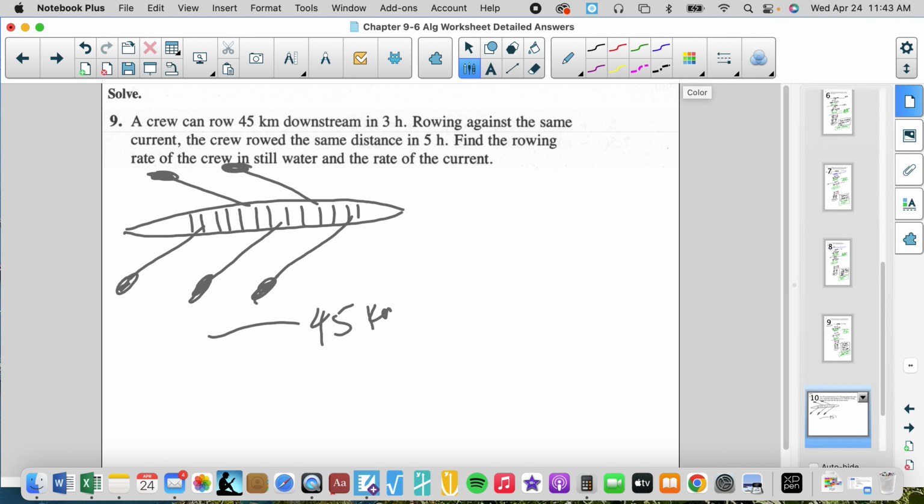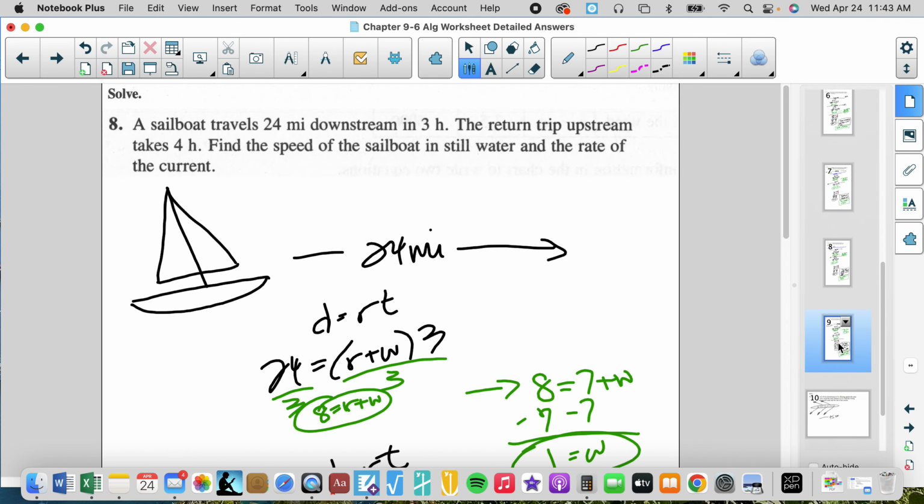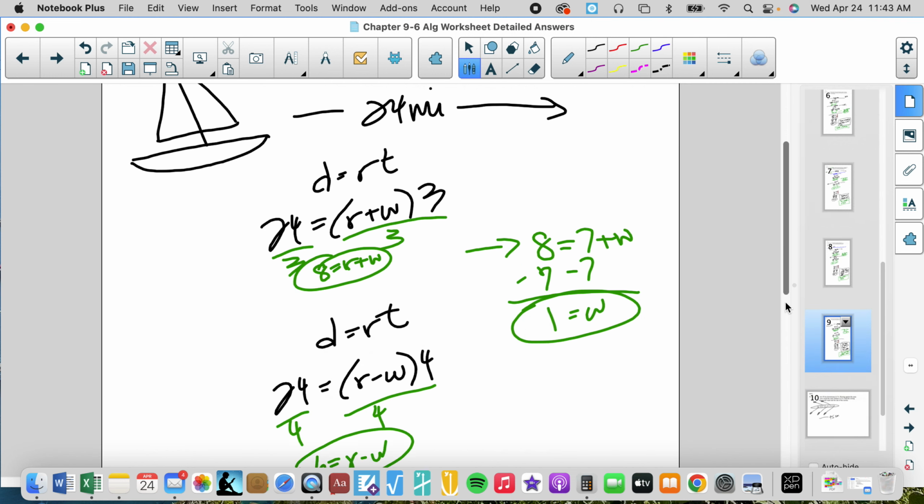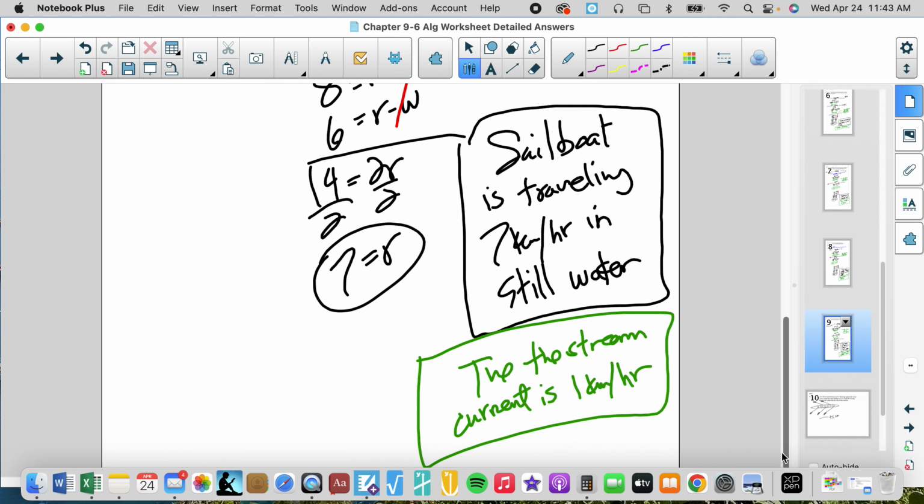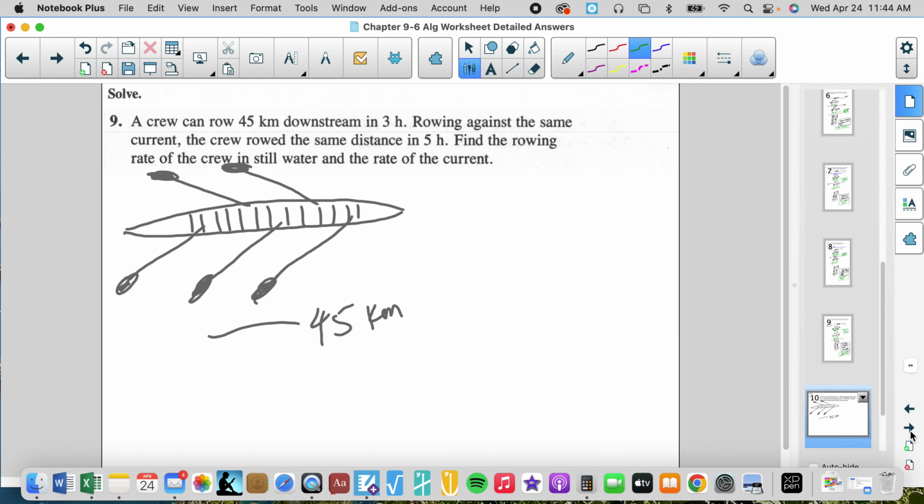So the crew can row 45 kilometers. Oh, did I do miles per hour? I did not. Miles per hour. Sorry, now we're back to kilometers per hour.